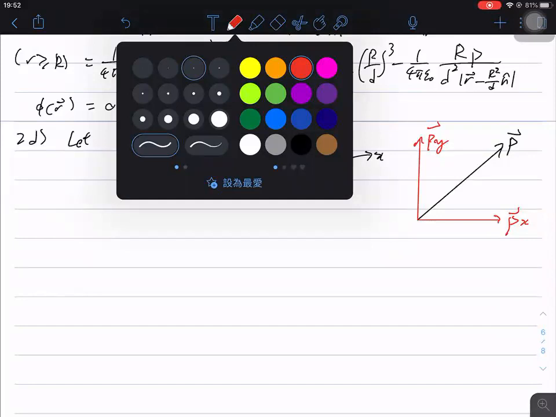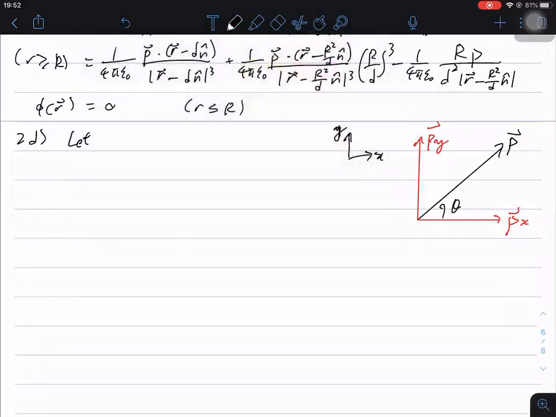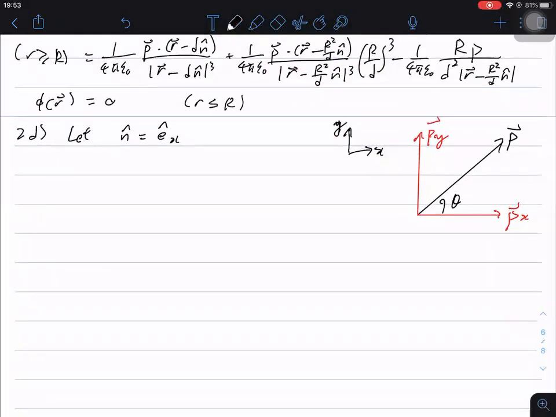Okay, so we have the angle theta here. In this case, we take the unit vector of the distance between the dipole moment and the center of the sphere to be the x direction, and the perpendicular component to be the y direction, and we can decompose the dipole moment into the x component and the y component.